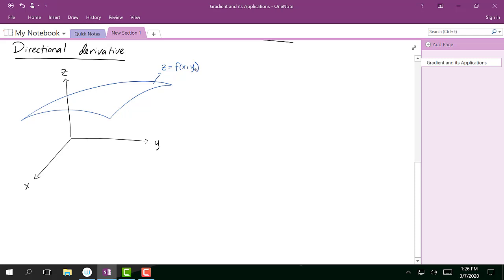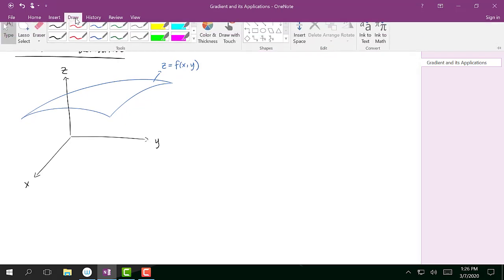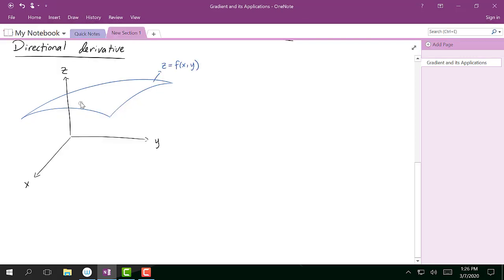And so we're going to pause for a second and ask ourselves a couple of questions. The first of which is, what does it mean to take a partial derivative with respect to x, or I suppose with respect to y? There are many different ways to answer that.